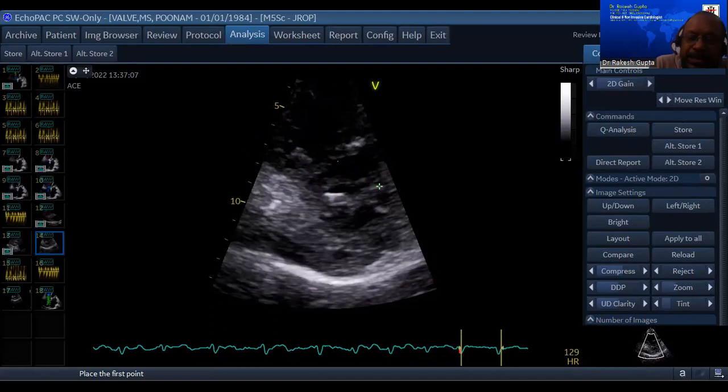How do you say that they are thickened or not thickened? You look at the AML, you look at the PML. You look at the surrounding tissue. This is the interventricular septum. The echogenicity of the tissue and the echogenicity of the valve should be almost the same. Okay, sir. All right.